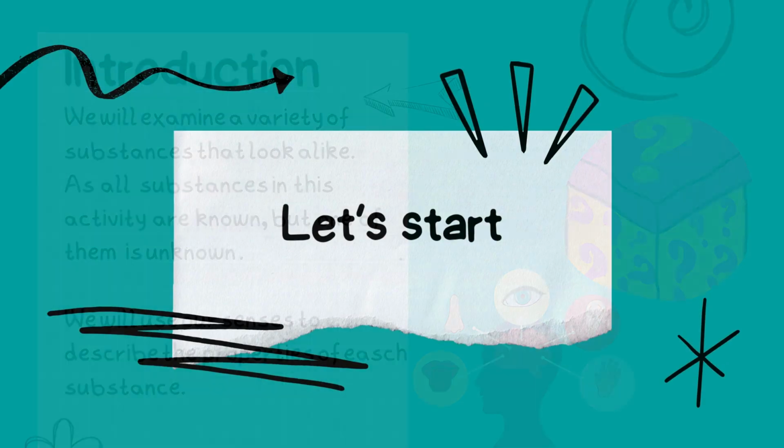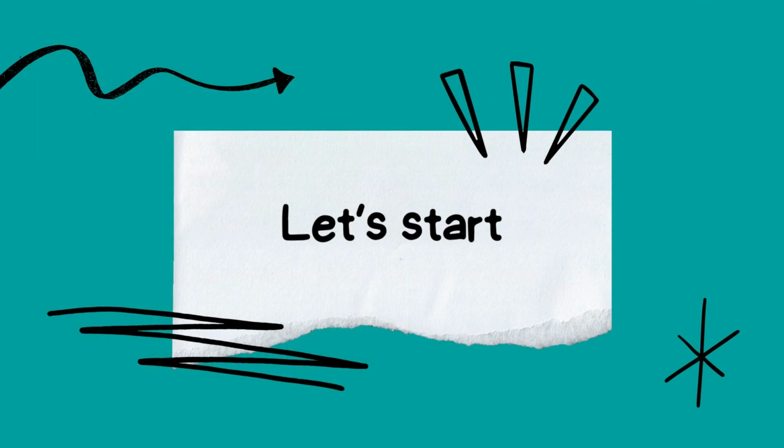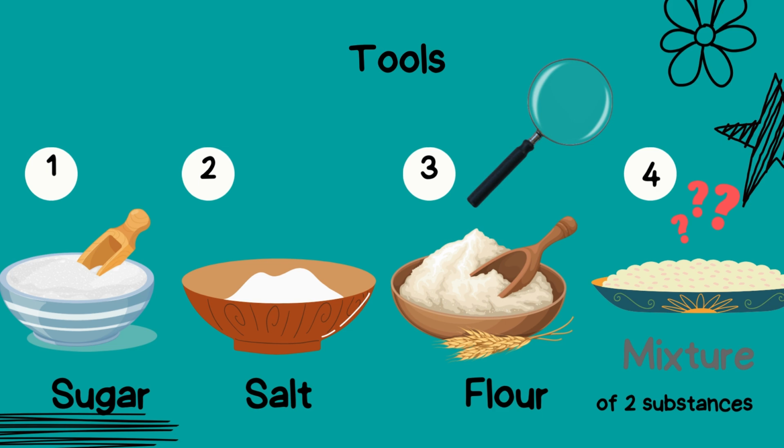Okay, so let's start. Here we have sugar, salt, flour, and we have a mixture. We don't know what this mixture is. It is a mixture of two of the three substances that we have. So we will examine each substance, see the properties and describe them, and from this we can know the mixture.